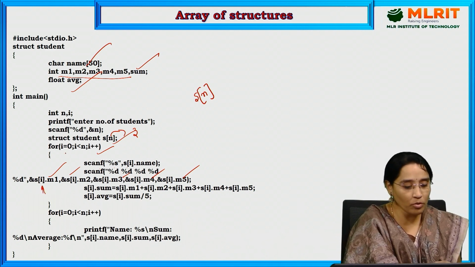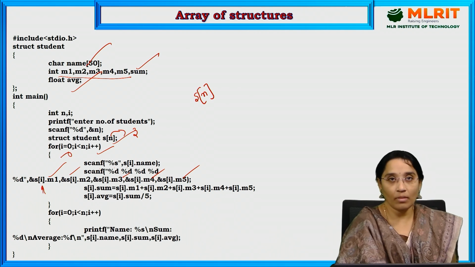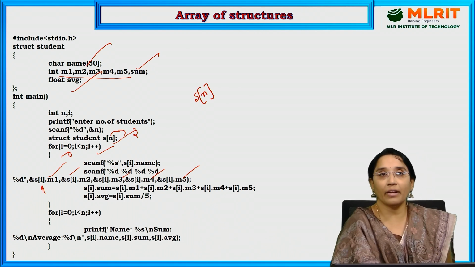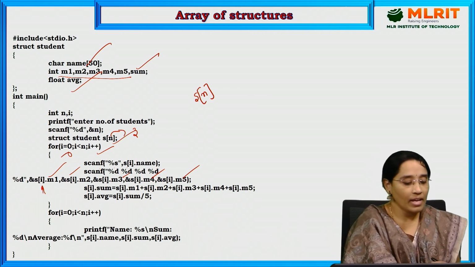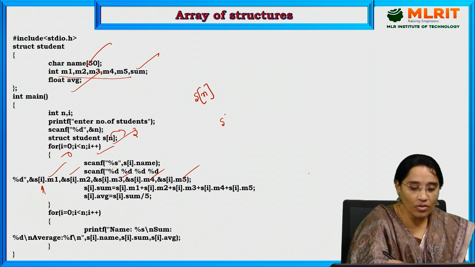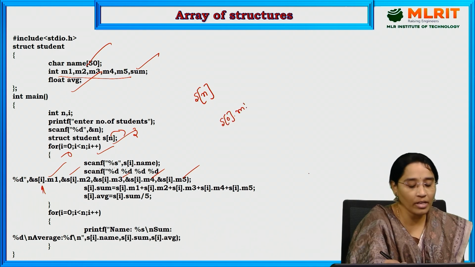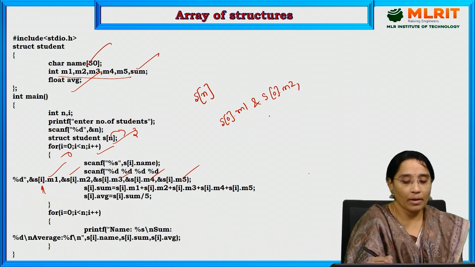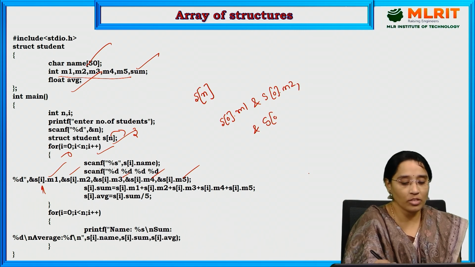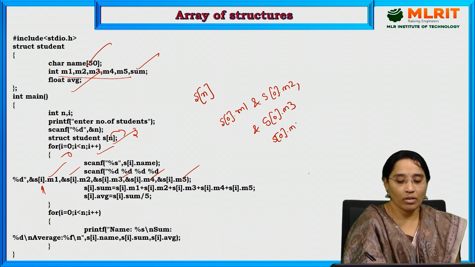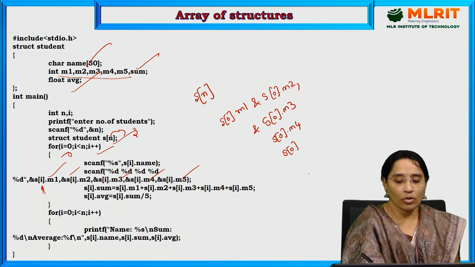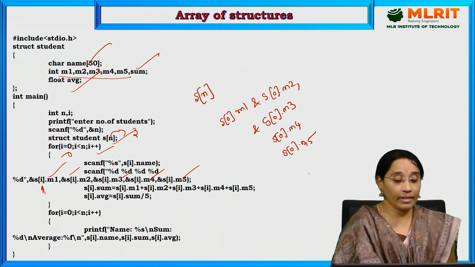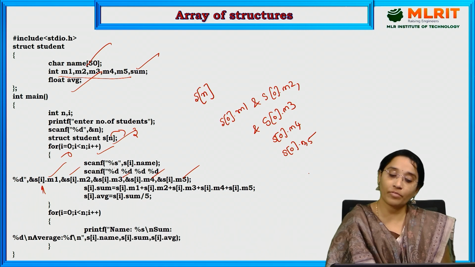Suppose when i is 0, we are calculating for the first student. So it is scanf of address of s of 0 dot m1, address of s of 0 dot m2, address of s of 0 dot m3, s of 0 dot m4, s of 0 dot m5. So we are reading the 5 subjects marks of the first student.